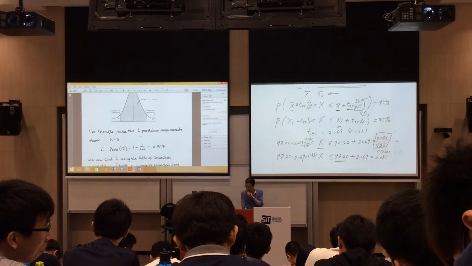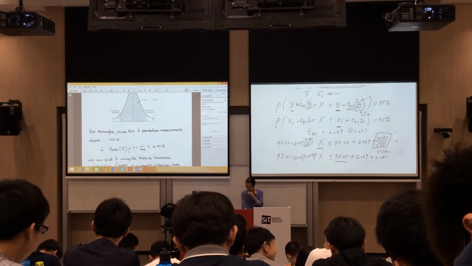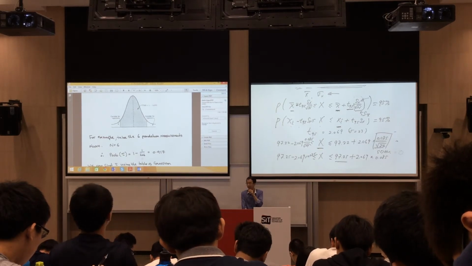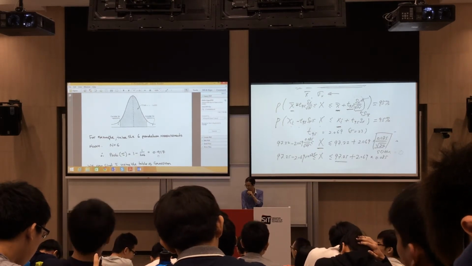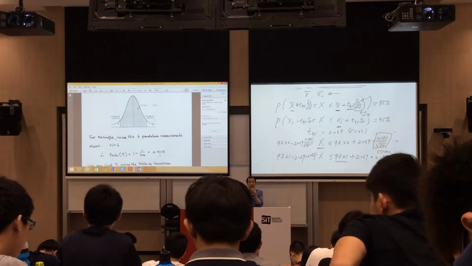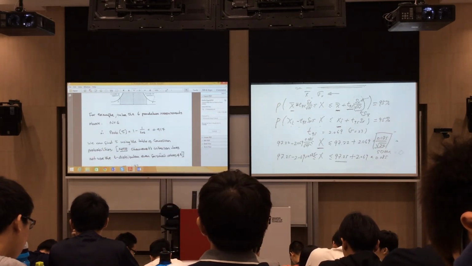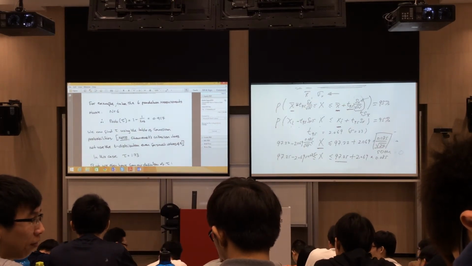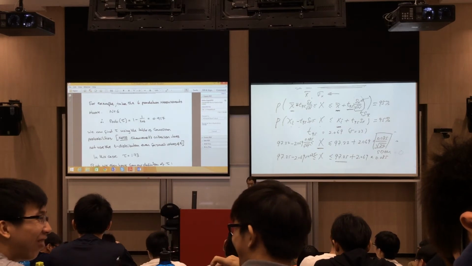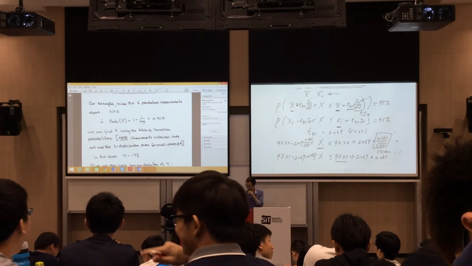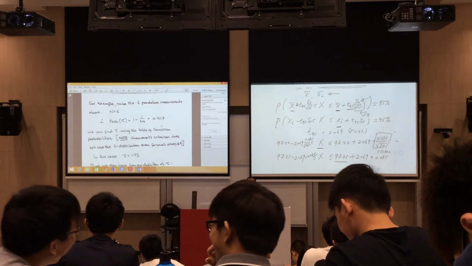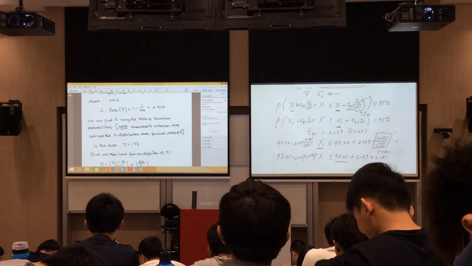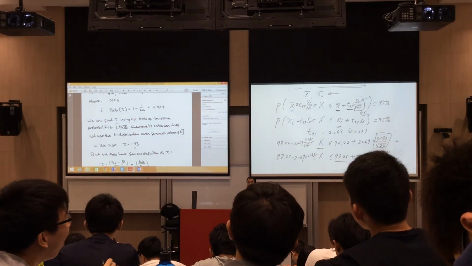Let's say we have 6 measurement data here. If you calculate 1 minus 1 over 2n, it gives you 92%. Now if you look at the Gaussian distribution table, what is the corresponding value for 92%? For this case, it will be 1.73.